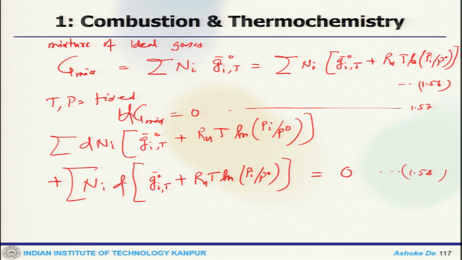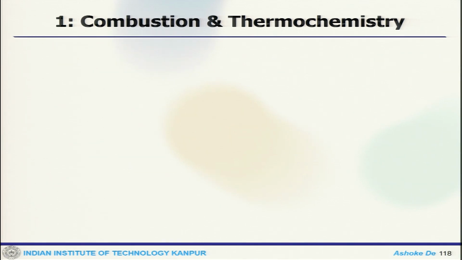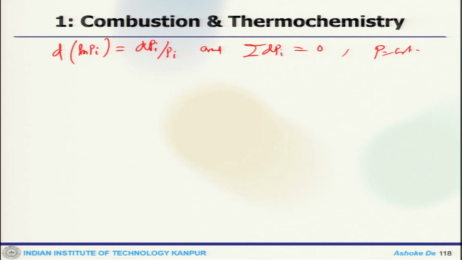Now, the second term in the last equation is essentially 0, because d(ln P_i) equals dP_i by P_i, and the summation of dP_i is 0 because the total pressure is constant.